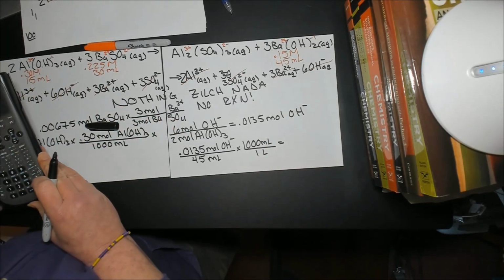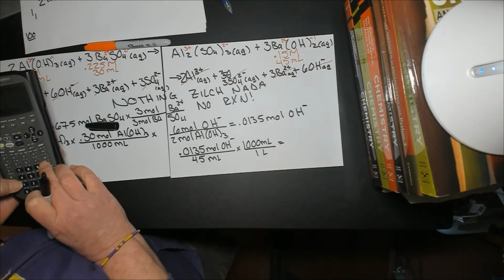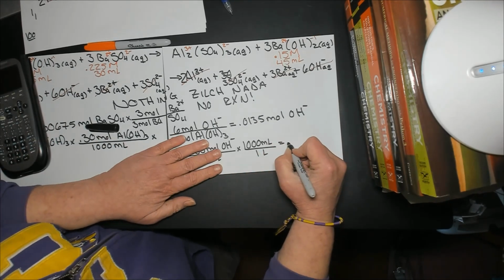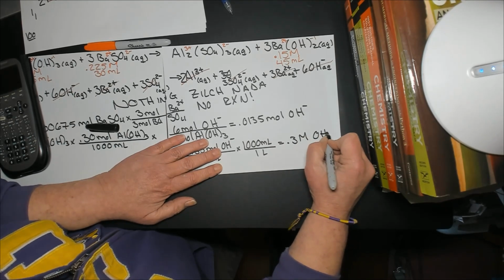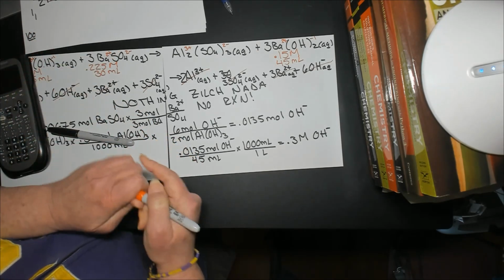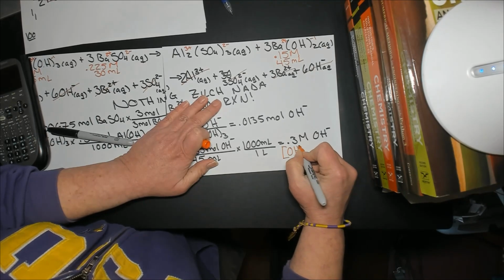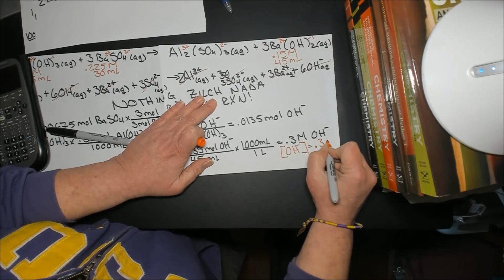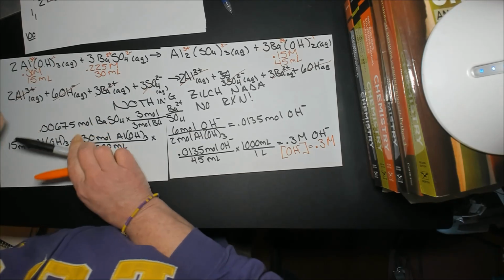So 0.0135 divided by my 45 mils times 1,000 milliliters gives me 0.3 molar OH minus. Another way you will see that written is that the concentration, these brackets mean concentration, of OH minus is 0.3 molar. You can see it written both ways.